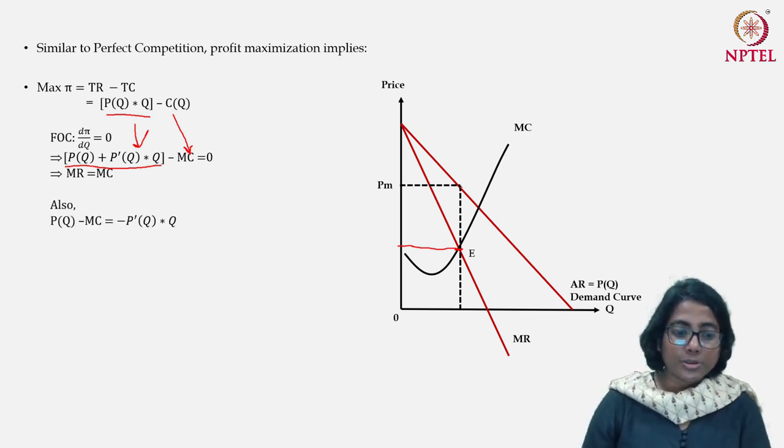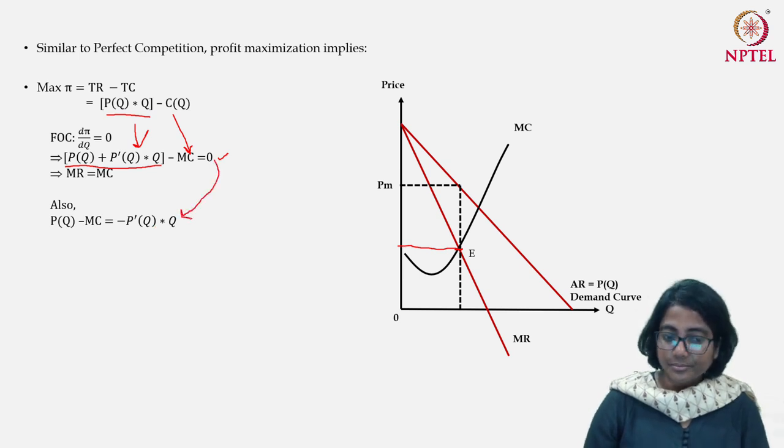Also, one more thing you can observe from this particular equation. If I take this P'(Q) multiplied by Q to the right hand side, then I am left with P(Q) minus MC is equal to minus P'(Q) multiplied by Q. So this is derived from this particular equation.